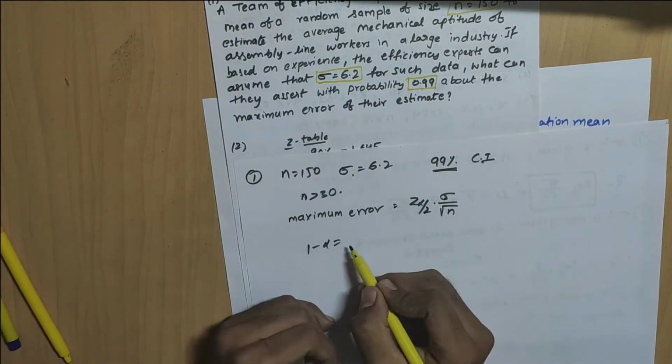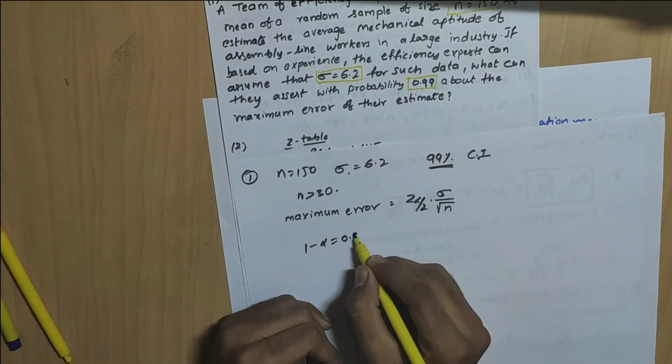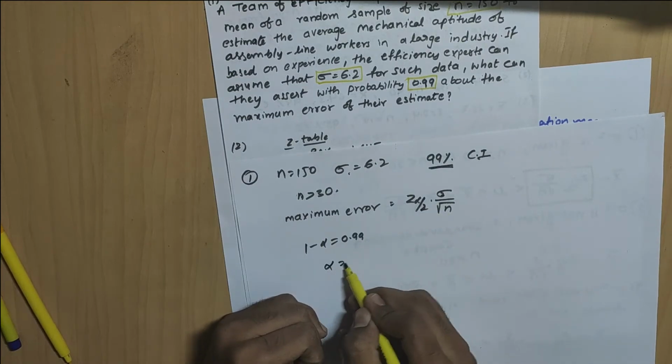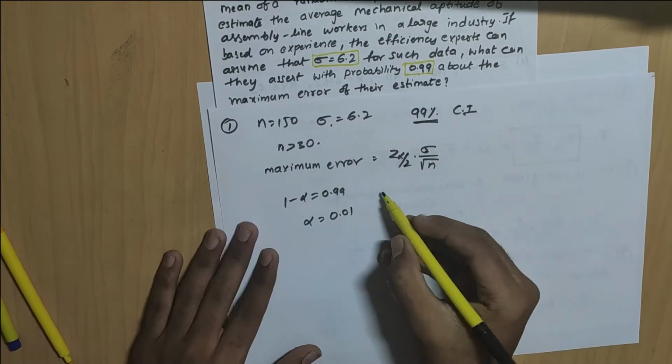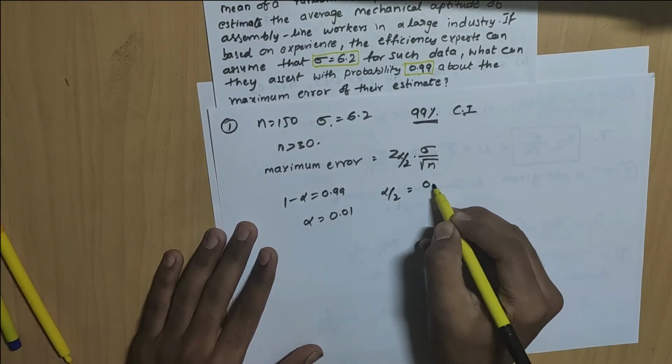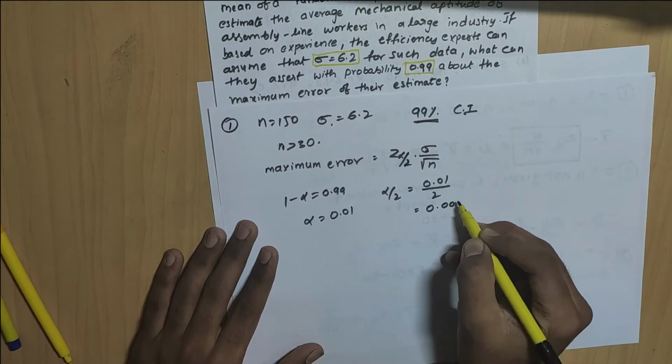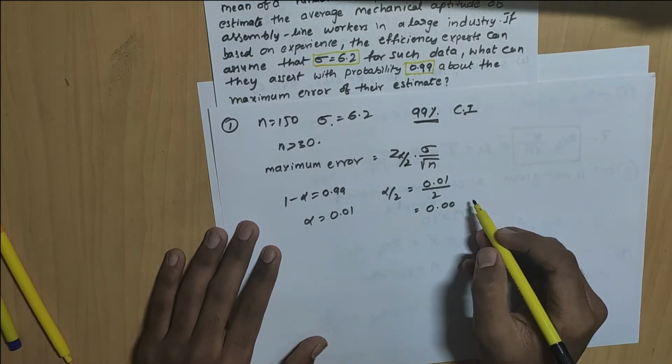Here it is given as 1 minus alpha, so that is 0.99. So we have to find alpha by 2, so alpha is 0.01 and alpha by 2 is 0.005.